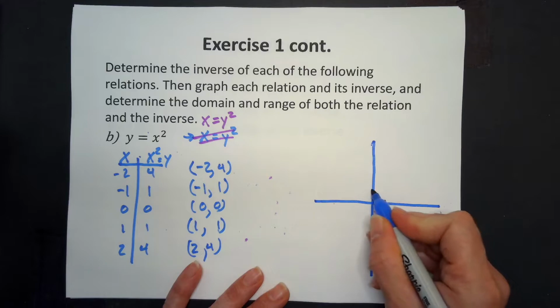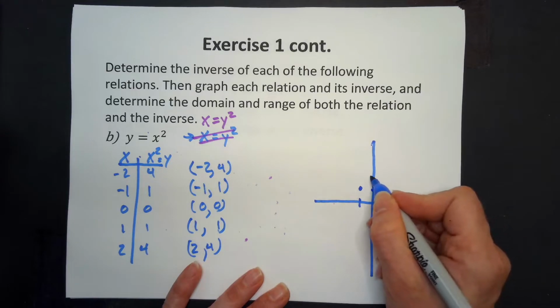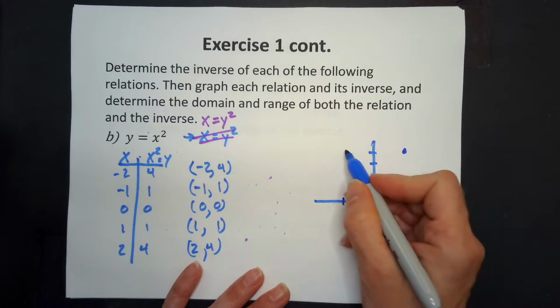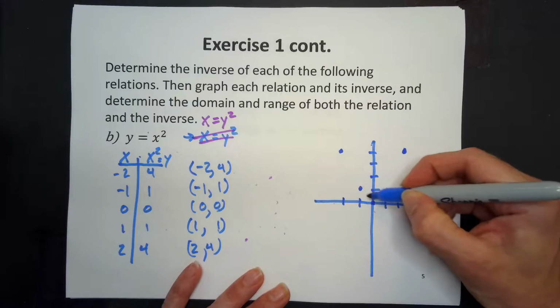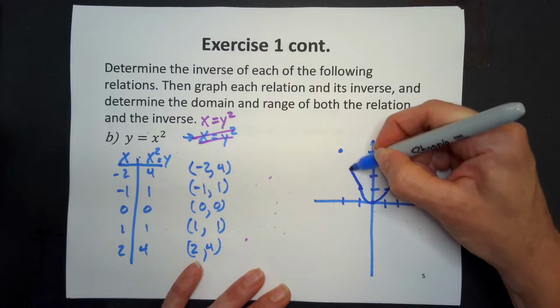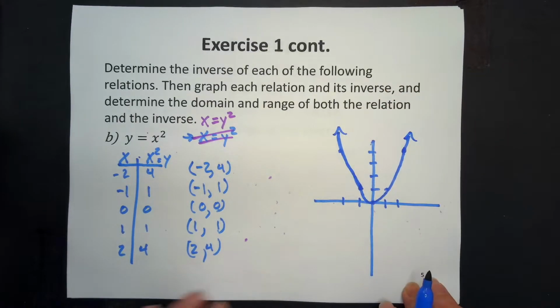I'm going to go over 1, up 1, 1, 1, 2, up here. So this is 0, 0. Assume it's a nice symmetric parabola.